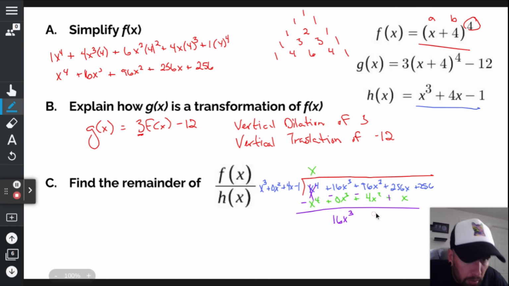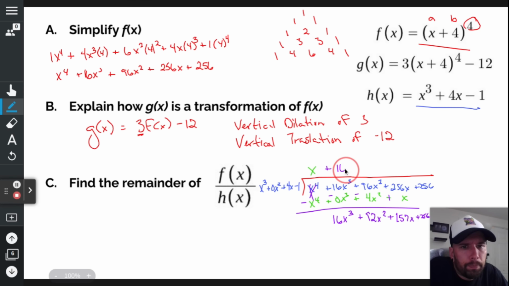I jumped the gun. Sorry. Plus 92x squared. Shouldn't you have been? No, I did it right. So plus 257x, drop down the 256. Ugh. All right.